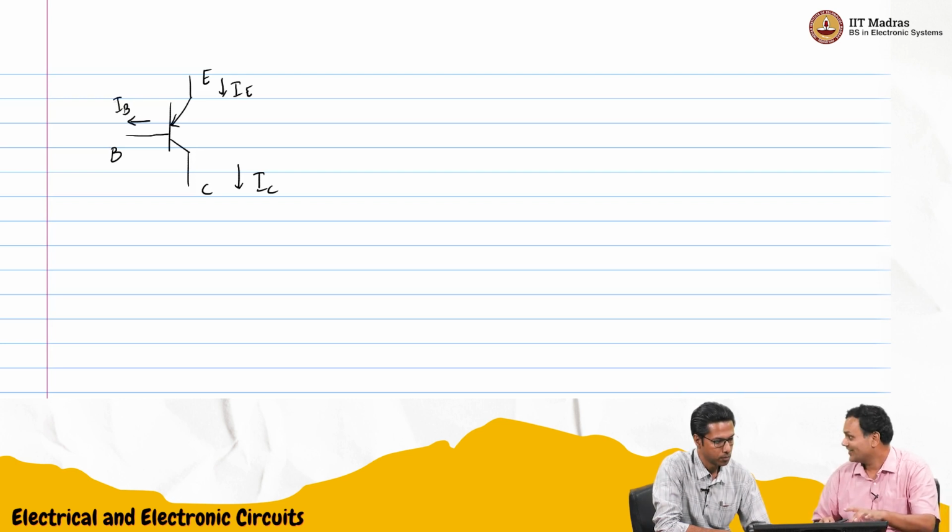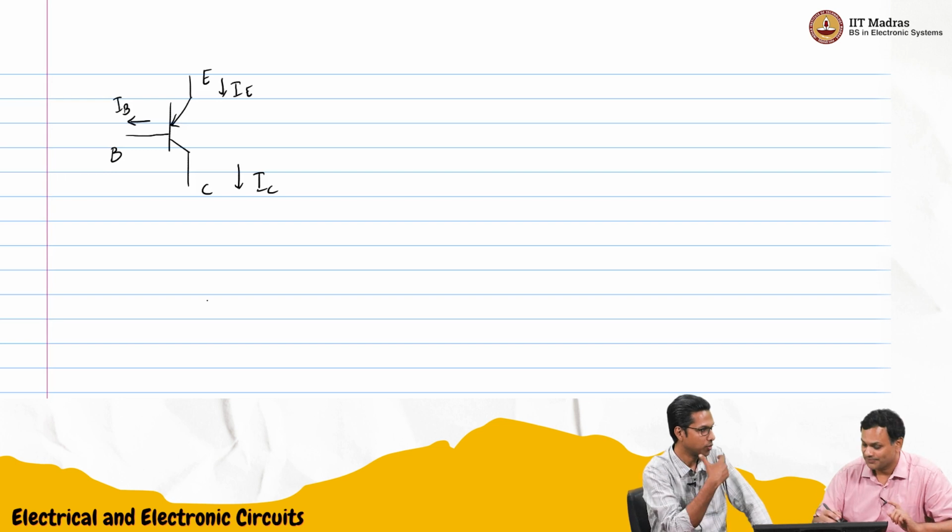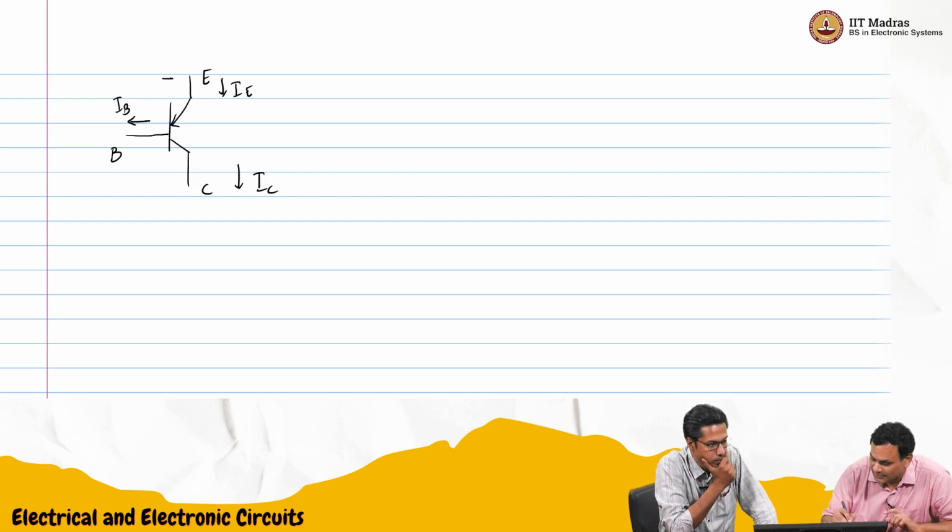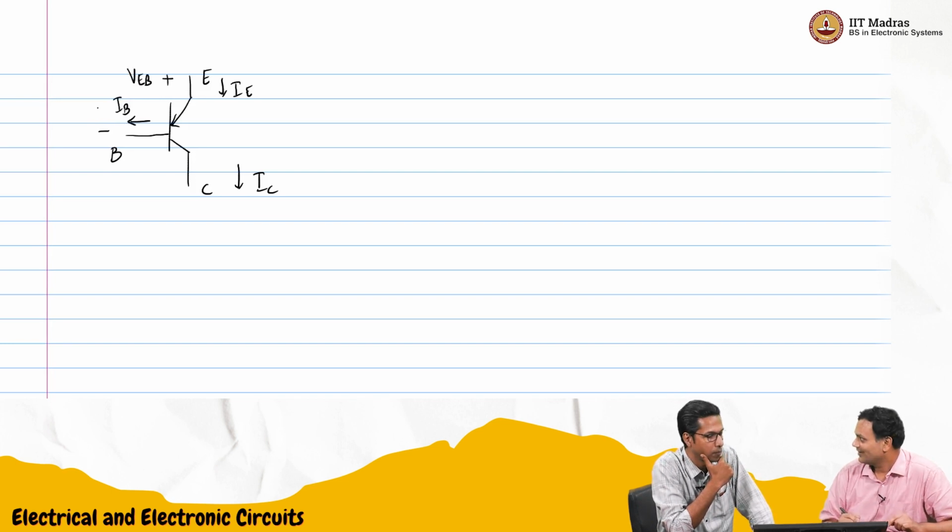Now the voltage directions also have to change, no? Because now we don't have a base emitter junction. Emitter base junction has to be forward biased. So this is your emitter VEB. It has to be forward biased, so VEB will be 0.7.